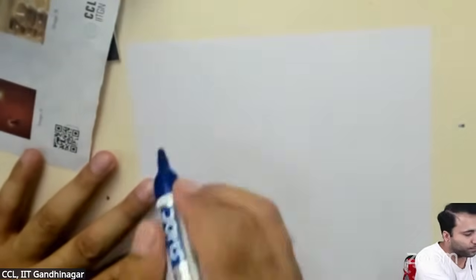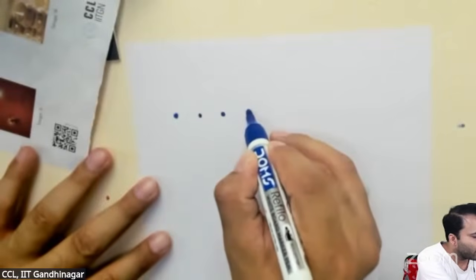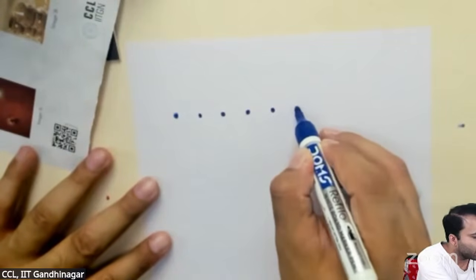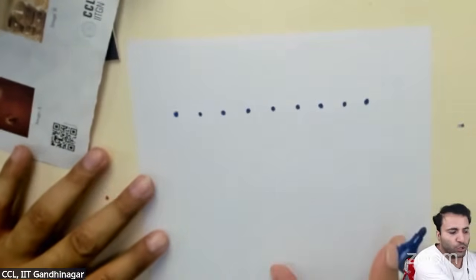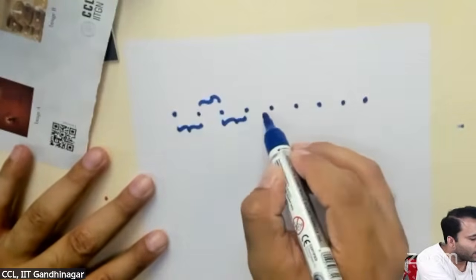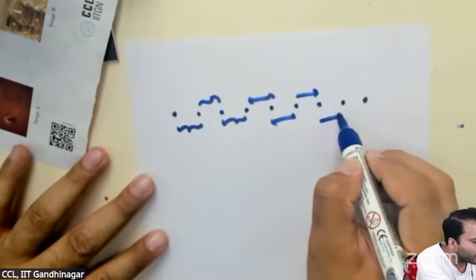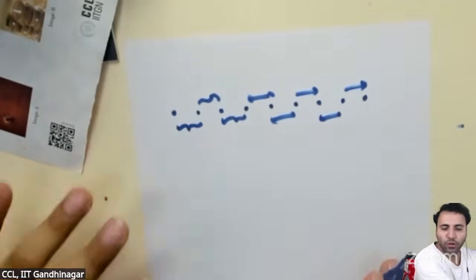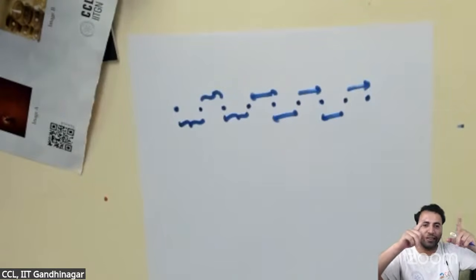Let's say you have 9 dots, maybe you want to put them like this: 1, 2, 3, 4, 5, 6, 7, 8, 9. So you would get 8 pairs which are exactly 1 unit distance from each other, isn't it? Okay. Now we are looking at how to arrange these 9 dots so that the pairs exactly 1 unit apart are maximum.